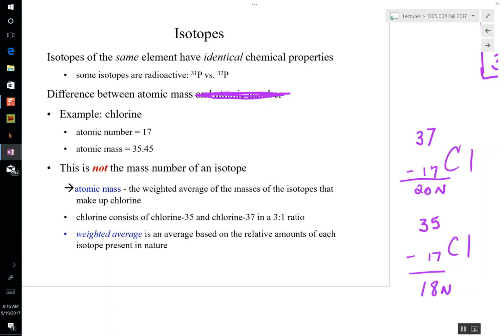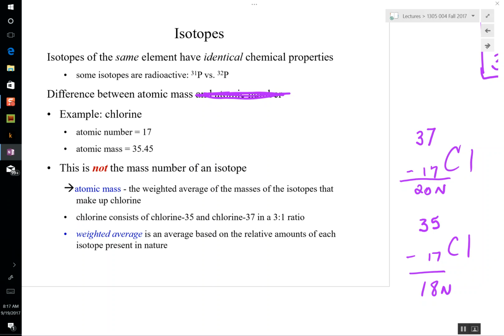We just add up the weight of this one and this one divided by 2, we'd have the average. So something like 37 plus 35 is 72, divided by 2, 36 would be the average mass of a chlorine atom. This one's heavy, this one's light. If they were in a 50-50 mixture, the average would be right in the middle. Well, it turns out they're not 50-50.